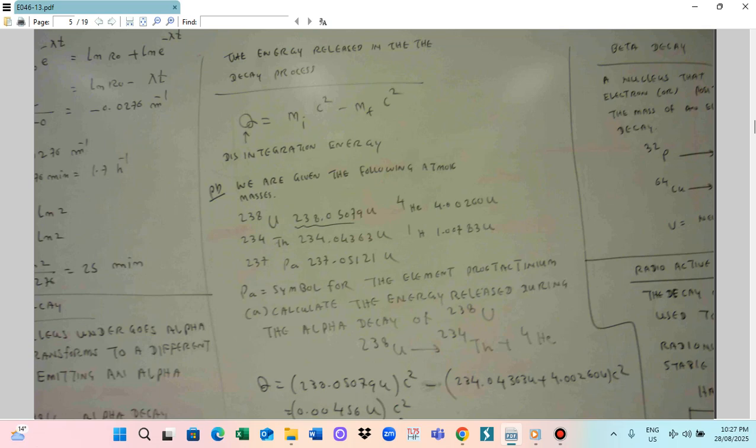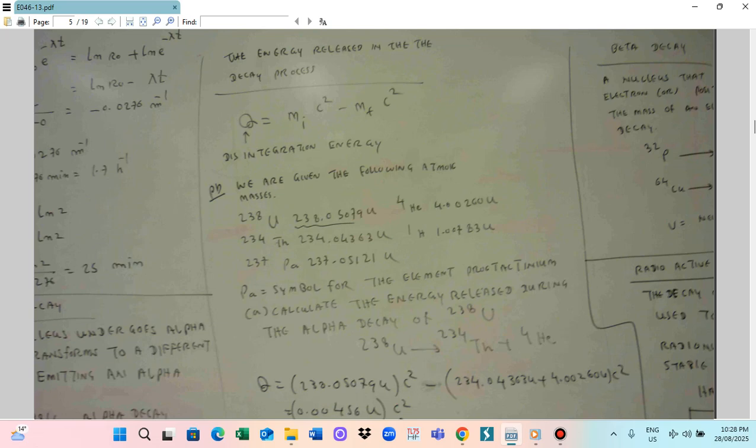When the nuclei is decaying, it produces energy, and this energy can be calculated by this equation. The original nucleus is uranium 238. When uranium 238 decays, 234Th and 4He come out, so we have to calculate the energy released.